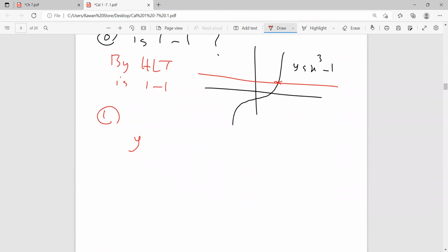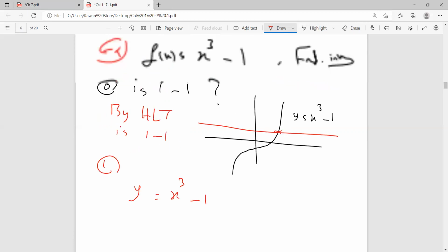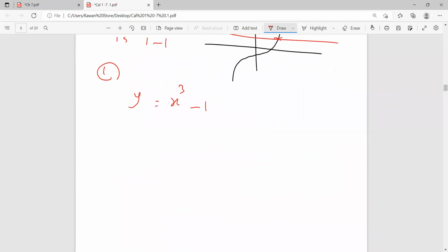We change f of x to y, so y equals x cubed minus 1. Next step: solve for x. I'm going to take the cubic root for both sides. So I'll get what?